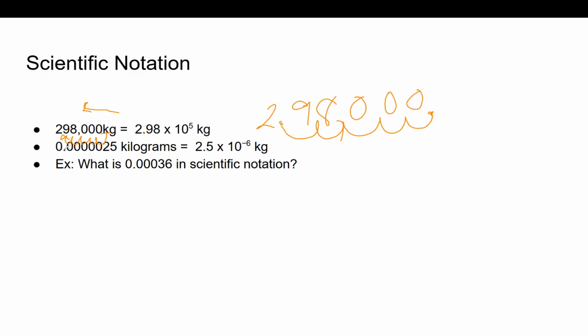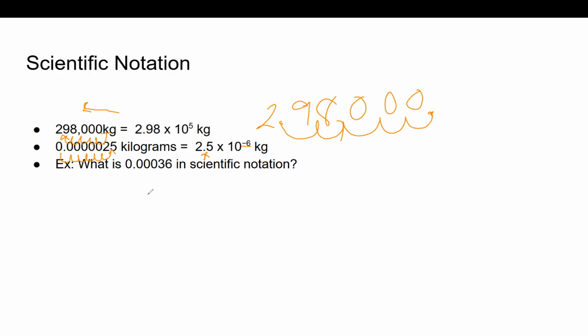So I move it over 1, 2, 3, 4, 5, 6 spots. So now my decimal is in between my 2 and my 5. And because I moved it to the right 6 times, it's negative. So anytime you see a negative, that means you have a decimal here.